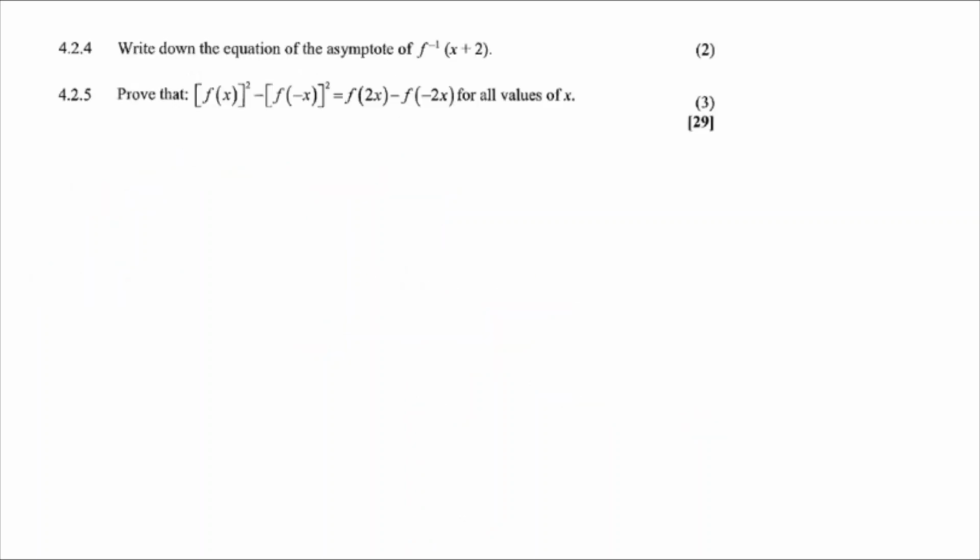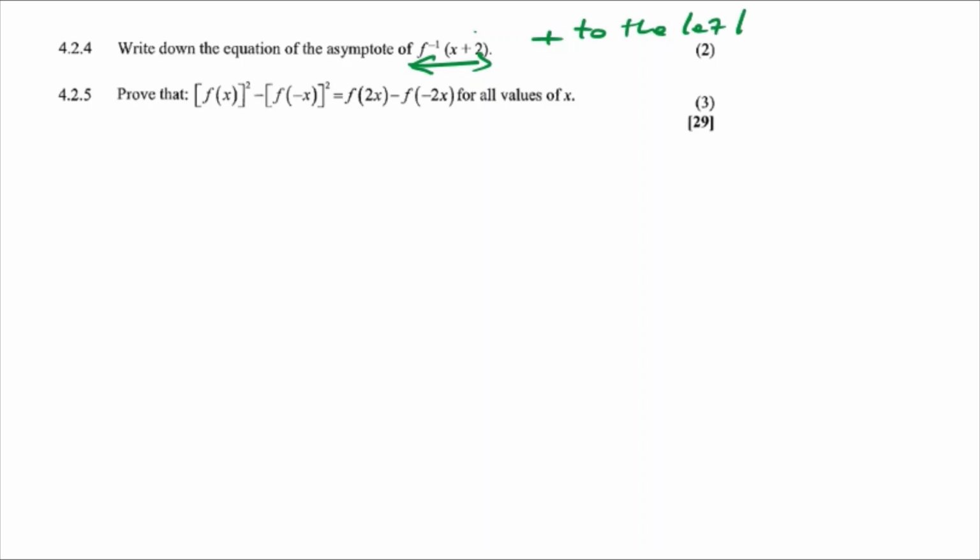Then we go to our next question here. We have: write down the equation of the asymptote if now the inverse is shifted 2 units. Now remember, if we have plus, it means shifted 2 units to the left.